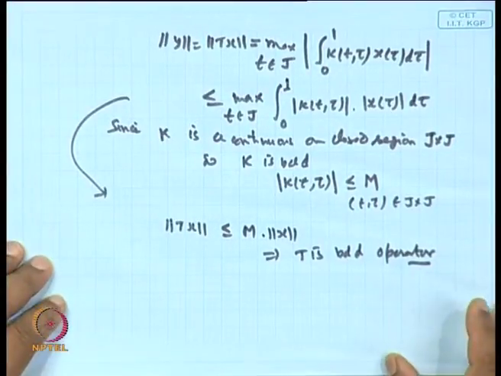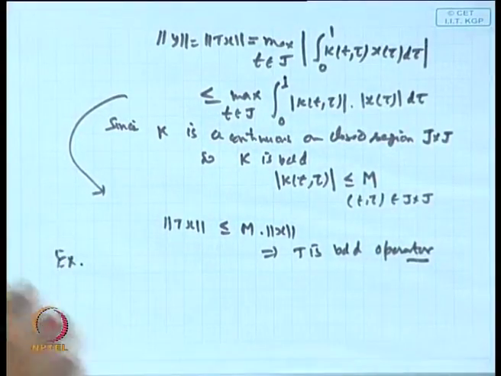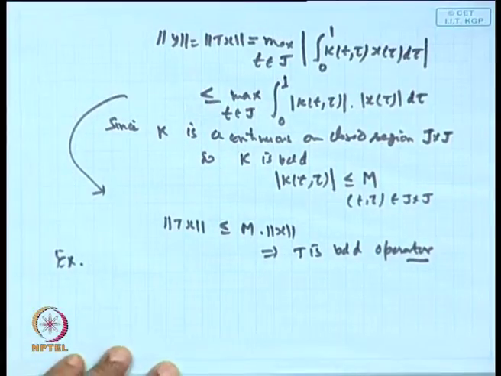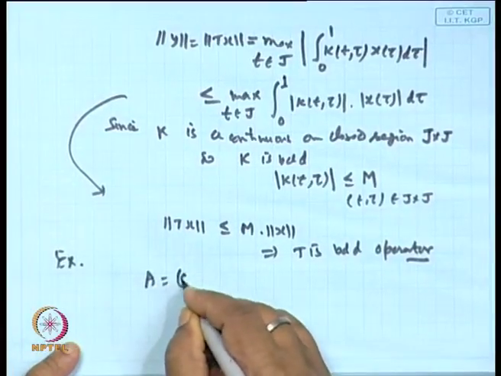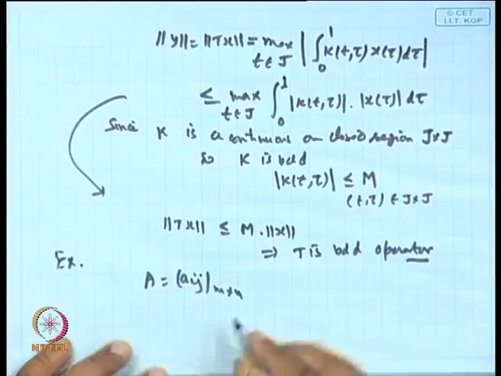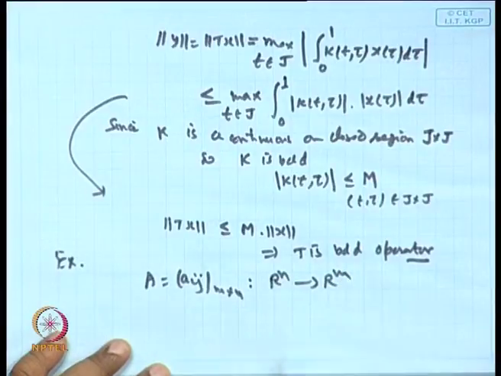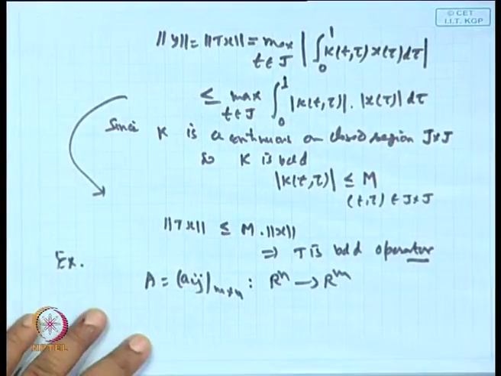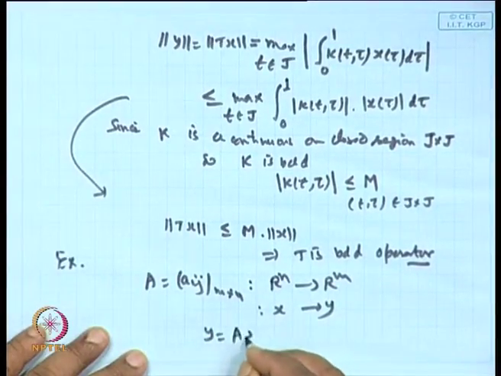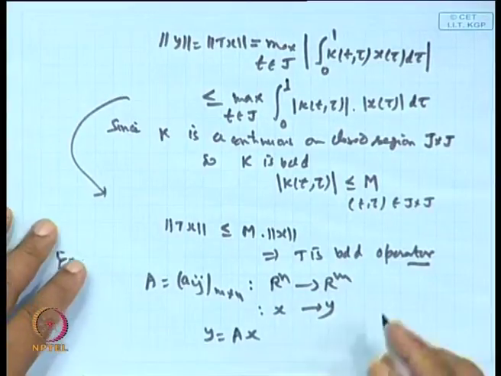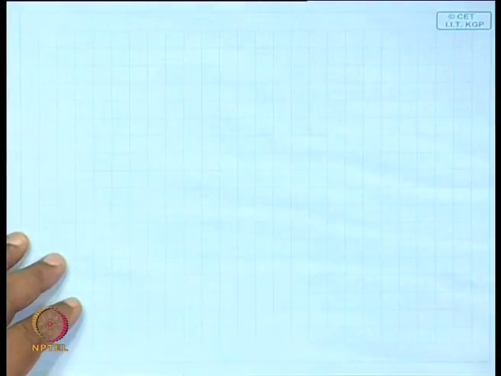Now, yesterday we also took one example of matrices. In fact, it comes out to be an operator: if A is a matrix of order m cross n, then it behaves as an operator from R^n to R^m, such that the image of x goes to y, where y is equal to Ax.